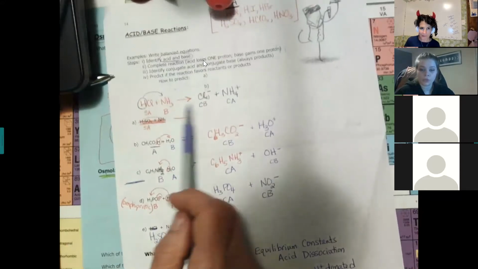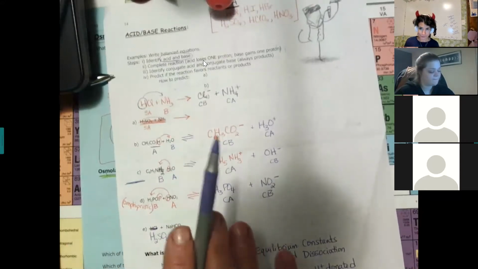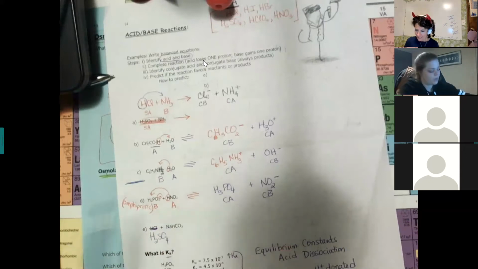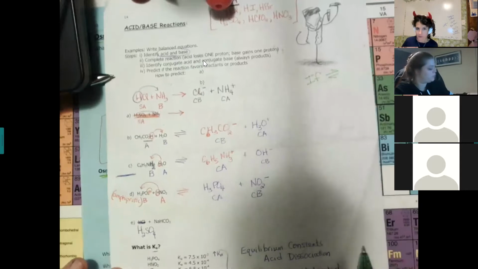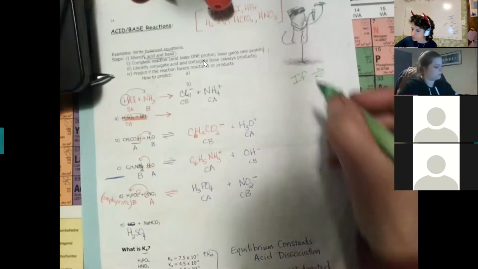The reason I mention that is, if you have a one-way reaction, you're done, you just do your one-way reaction. If there are 2 arrows, we only have to do this if there's 2 arrows, we predict the direction.